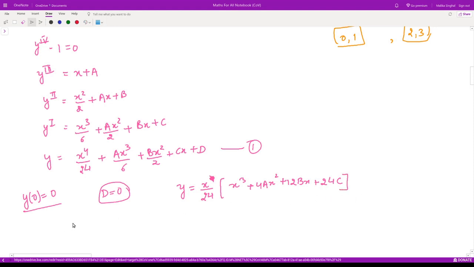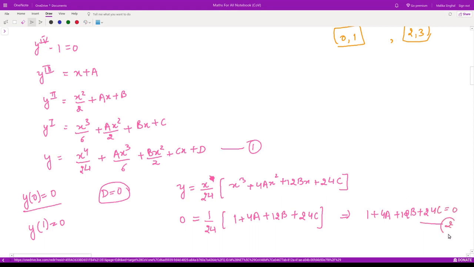Now let me apply the second boundary condition, which is given to be y at 1 is equal to 0. So this gives me 0 is equal to 1 by 24 into 1 plus 4a plus 12b plus 24c, or simply 1 plus 4a plus 12b plus 24c is equal to 0, right? Mark this as equation number 2.